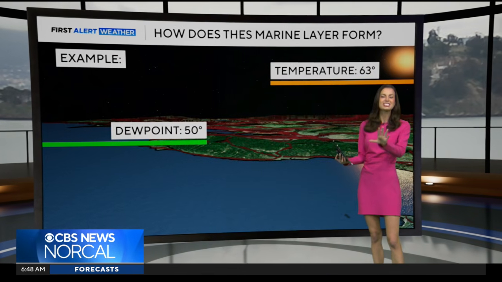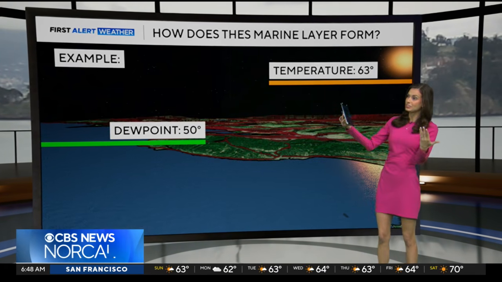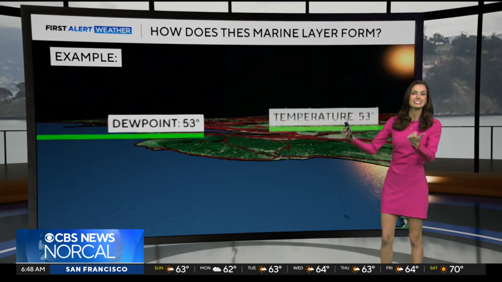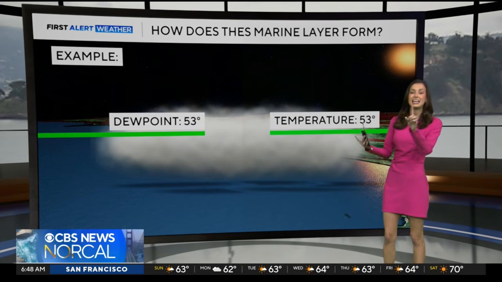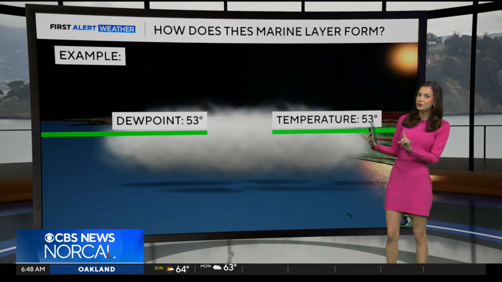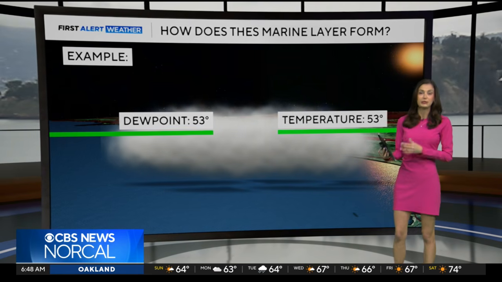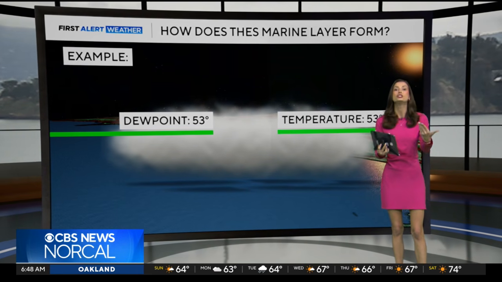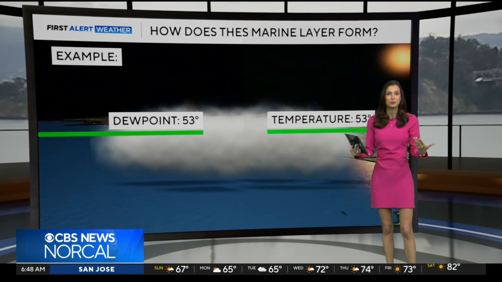A very simplified example: say the afternoon high temperature is 63 degrees and the dew point is 50 degrees. As the sun sets, the temperature goes down, and if the temperature drops all the way down to the dew point, that is when fog will begin to form. That's how fog and clouds in general form. Temperatures cool down to the dew point and then moisture forms into the clouds.